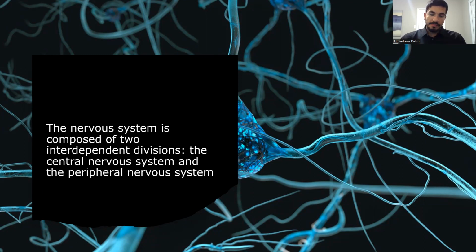And for the purpose of shoulder kinematics, I think a subdivision of the peripheral nervous system, the somatic nervous system, is of high importance to understand the shoulder kinematics.